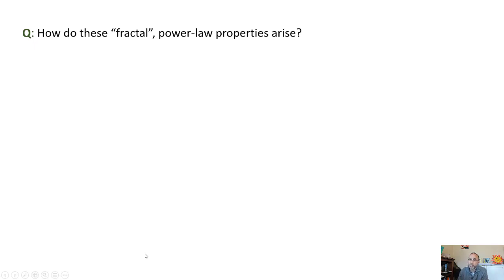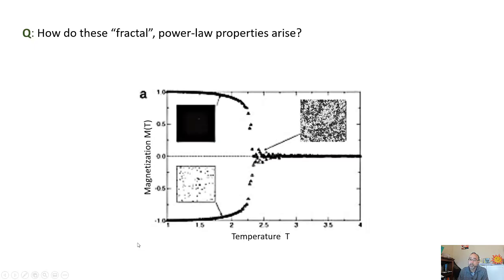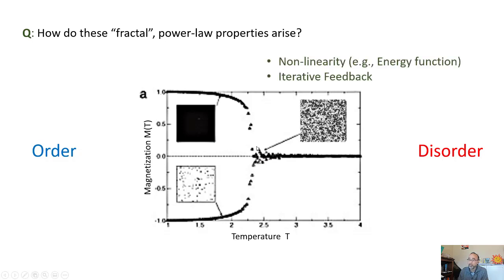But there are some really critical ingredients for these nonlinear properties to occur. First is a balance between order and disorder. Criticality occurs when there are both stabilizing and destabilizing forces, and the balance of the two creates these really dynamic characteristics at criticality. The second ingredient is nonlinearity.